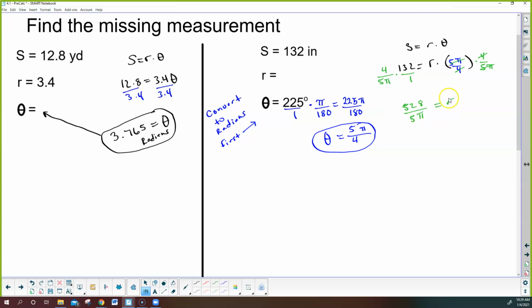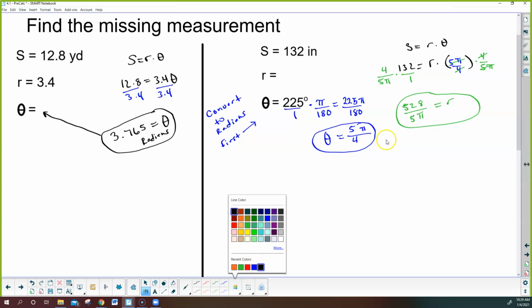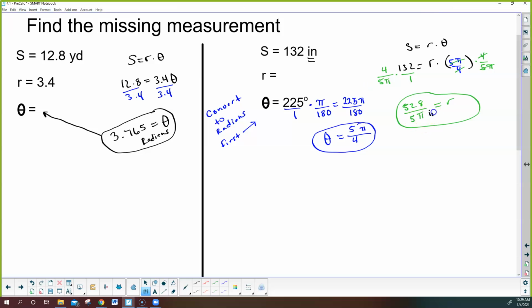So I know that this is most likely reduced as far as it can go. So this would be the exact answer. And do keep in mind, this is a radius, right? If the arc length was in inches, then this radius would be inches as well. But that's not super common, right?